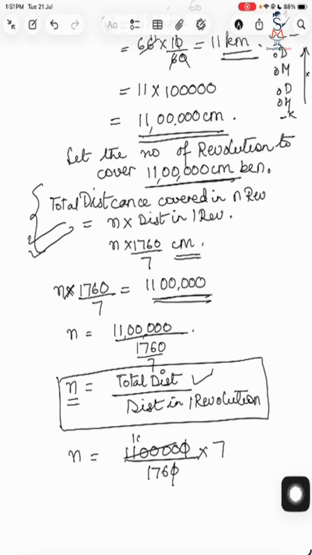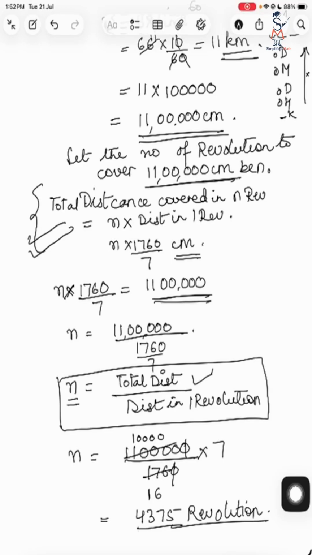This is 10000, and this is 1 and 16, right? So that will come out to be 4375 revolutions. When you solve this, 10,000 divided by 16 multiplied by 7 will be 4375 revolutions.